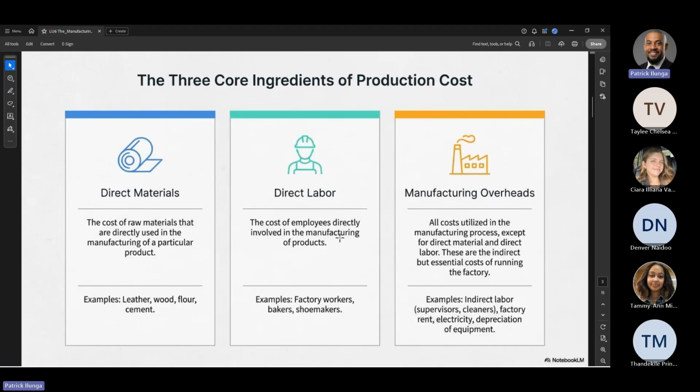So the cost of raw materials that are directly used in the manufacturing of a particular product, that's your direct material. Examples could be anything: leather, wood, flour, cement, depending on which business, right? Direct labor. Those are the employees or the wages of those who are directly involved in the manufacturing of the product. So factory workers, bakers, shoemakers.